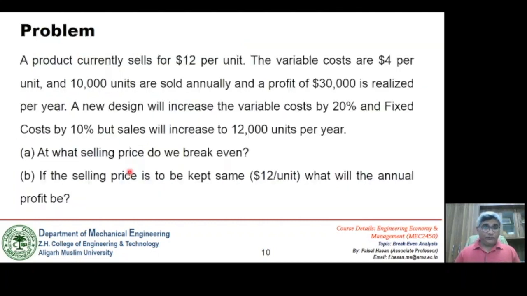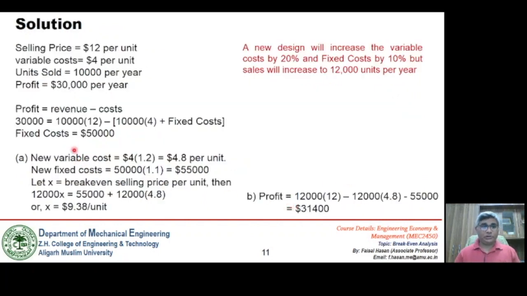Now in part B, if the selling price is to be kept the same, that is $12 per unit, what will the annual profit be? Again, profit is revenue minus cost. For 12,000 units sold at the same selling price, the total revenue generated will be 12,000 multiplied by 12, minus the costs.